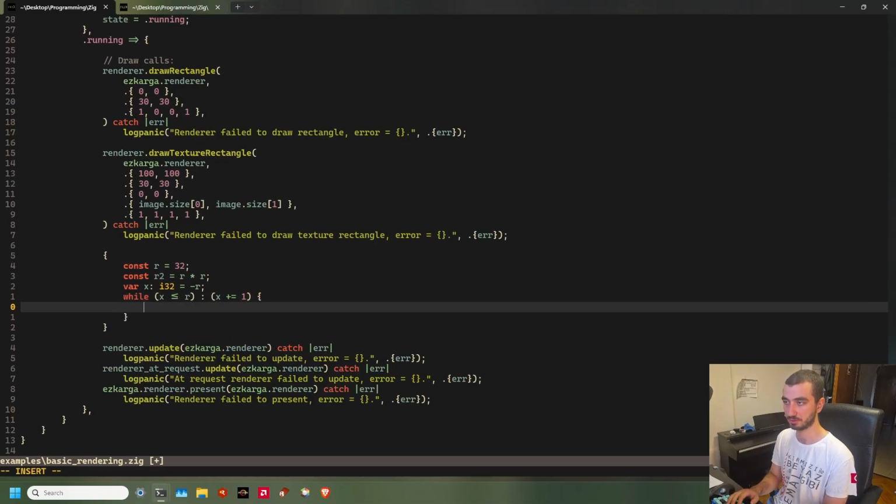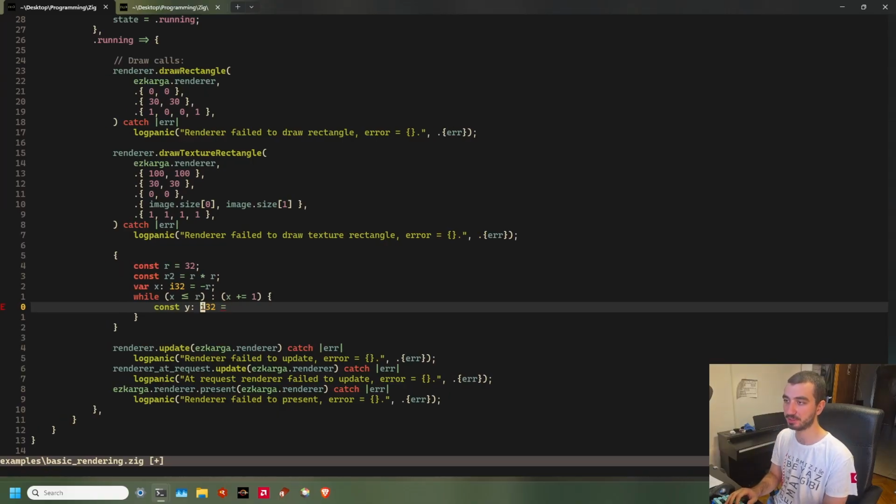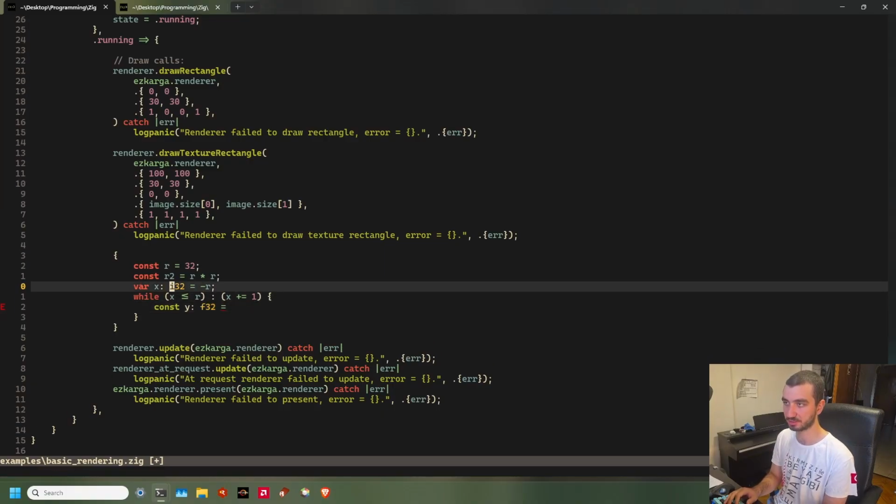Now we need to calculate the y position. Y is now going to have to be a float, but let's just use floats for this one.